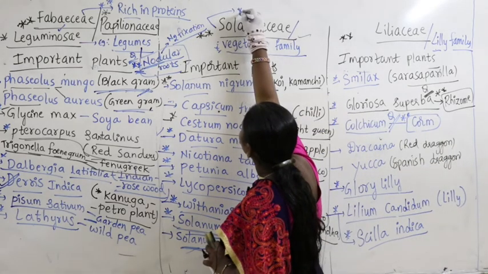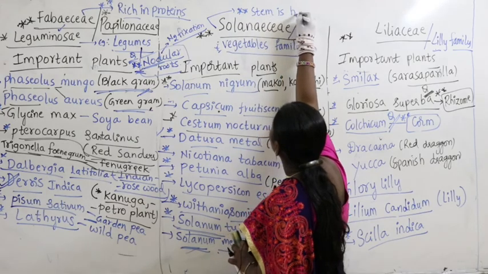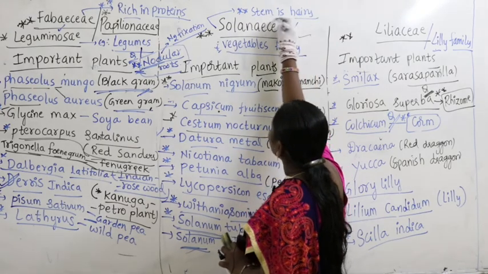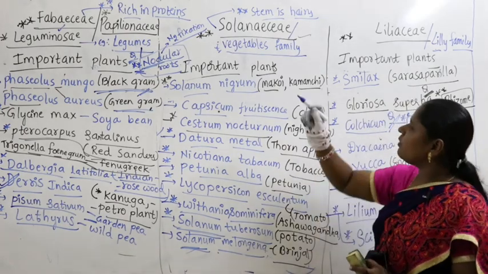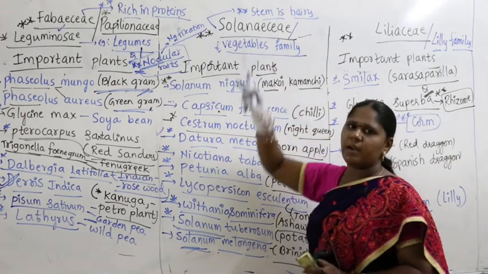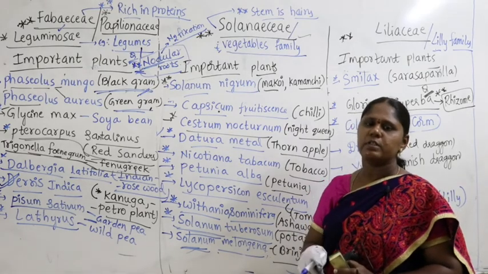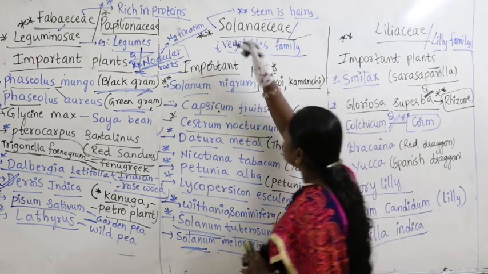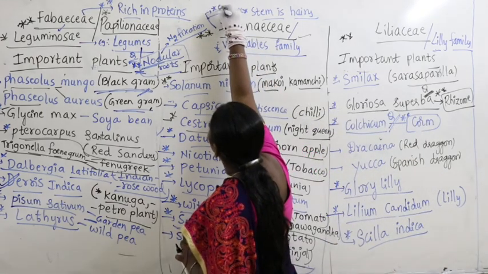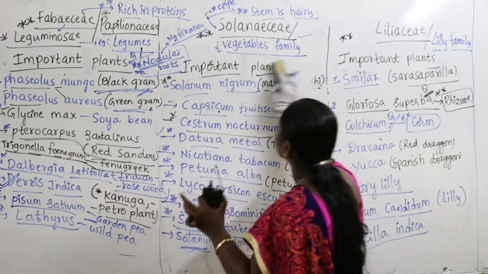Similarly, coming to Solanaceae, what are the important characters? You know it very well. In Solanaceae, the stem is hairy. Very important character. If you find the stem is hairy, that is a very important character to identify a plant which belongs to the family Solanaceae. Mostly the stem is hairy. Right. Apart from that, what else did we study in the last class?